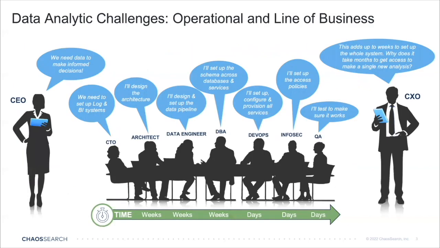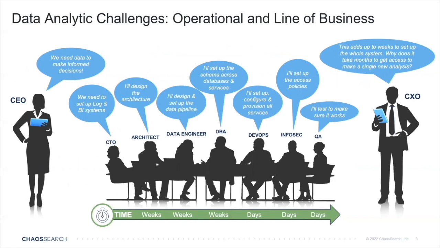Now, let's first go over the problem. Even if you have a data lake, data lakes are wonderful. We know that they're cost effective, infinitely elastic, secure, and reliable. However, there's still a lot of toil to derive those insights. And those insights come from the CEO, the CISOs, et cetera.